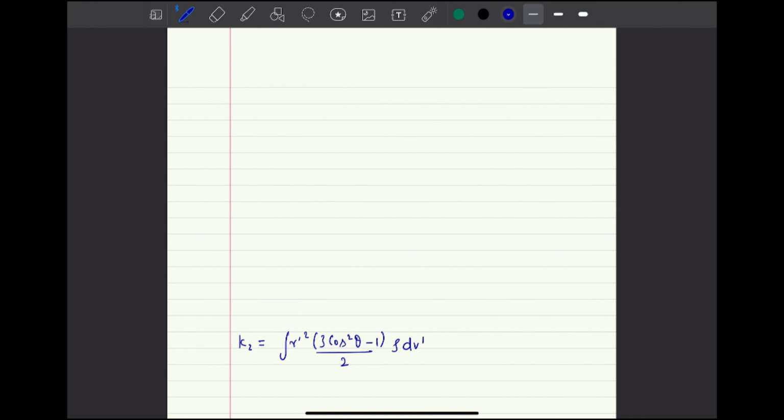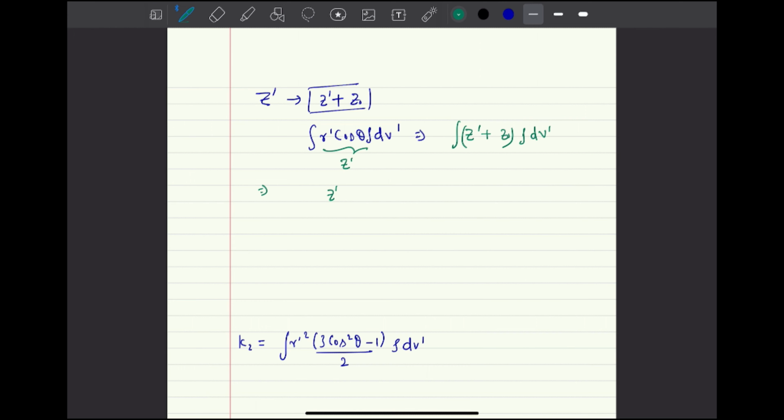If I replace z prime by z prime plus z naught in the integral of r prime cos theta rho dv prime, this was our z prime, then we get the integral of z prime plus z naught times rho dv prime.